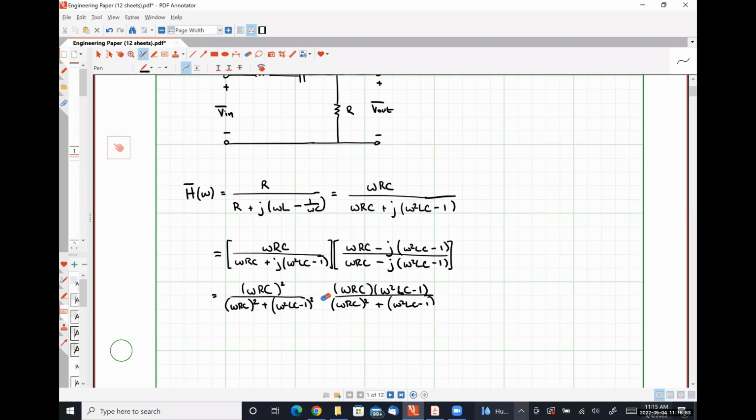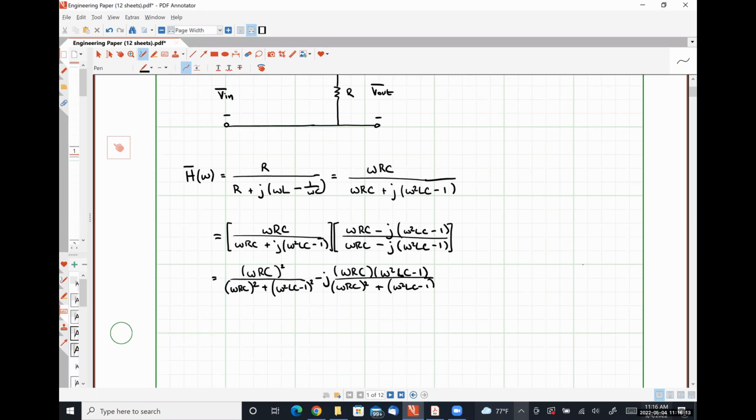I'm just going to scooch this minus J over a smidge here to make it easier to read. So this is my real and imaginary parts.